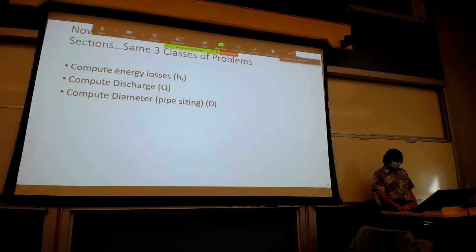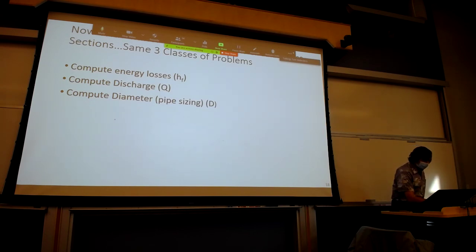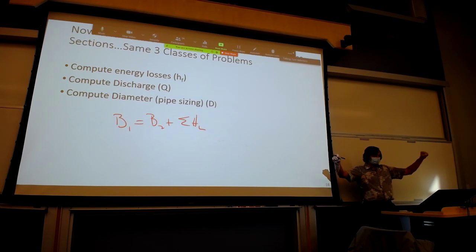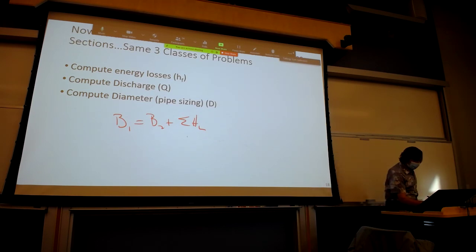And in these classes of pipe, what we're saying in all of these is we start off with an energy equation between 2 points. The head losses, or the energy losses, are maybe multiple sections of pipe with friction and multiple different minor losses.